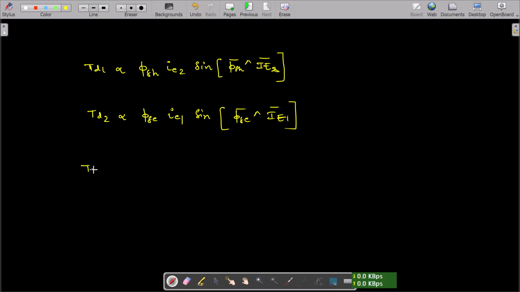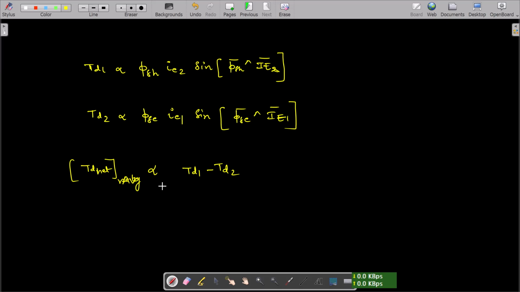So the net torque, TD net, is an average value, and will be proportional to TD1 minus TD2. In this way torque will be generated in the disk of the energy meter.